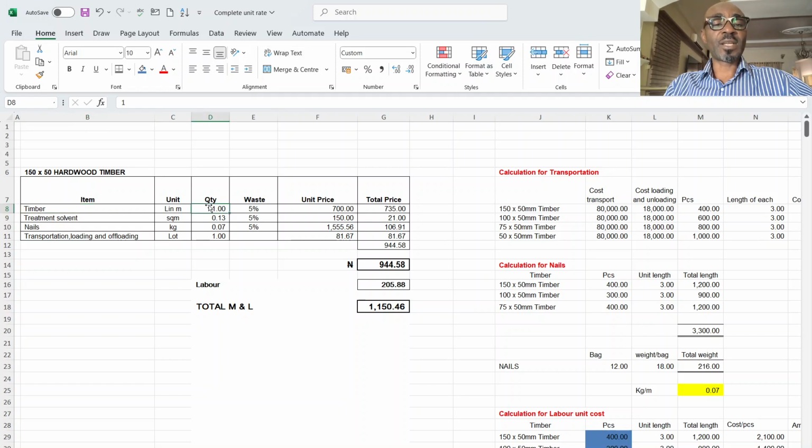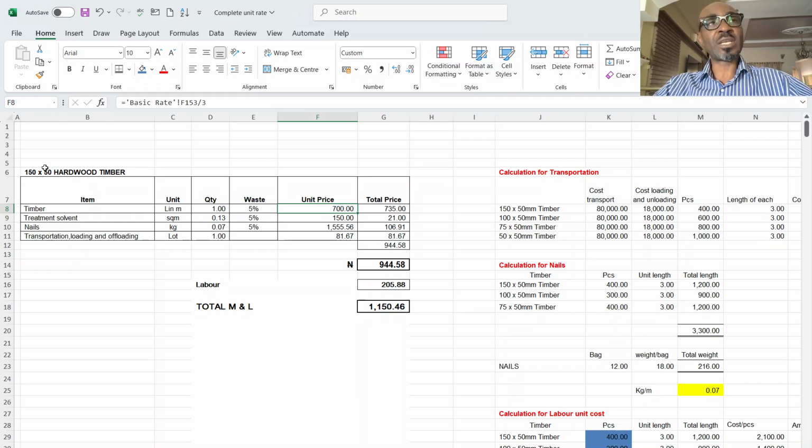As you can see, I have one meter here, and the unit rate is 700. The unit rate is coming from my list of basic rates, and the cost of this timber in the market is 2,100 for a 3 meter length.